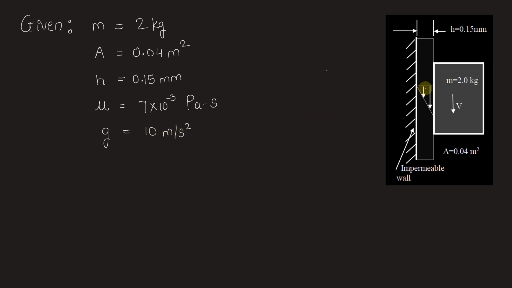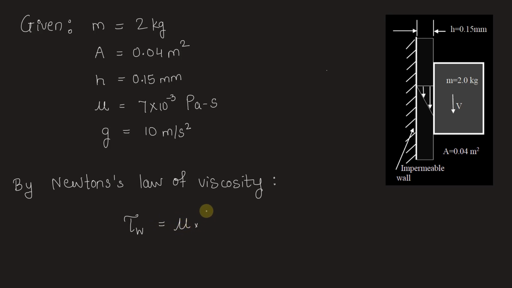So it is given that the velocity distribution in the oil film is linear. That is, by Newton's law of viscosity, we can take wall shear stress tau is equal to dynamic viscosity mu into du by dy. This du by dy can be taken as u by h.